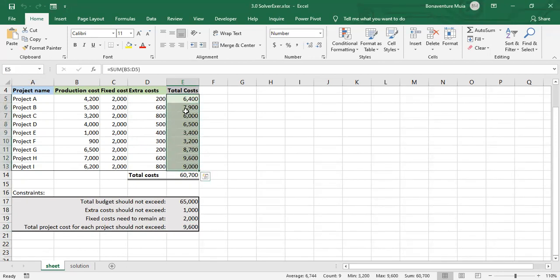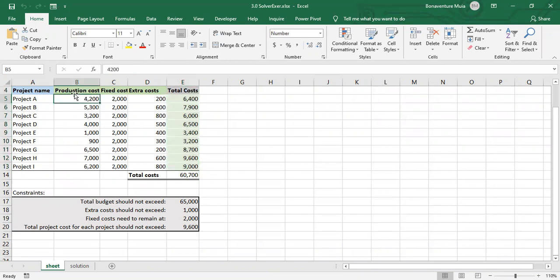But if you look at the total cost, this is a calculated field. So what you need to change is the production cost. You can still have the total cost not exceeding 9,600 as a constraint, but these cannot be what you are going to change.